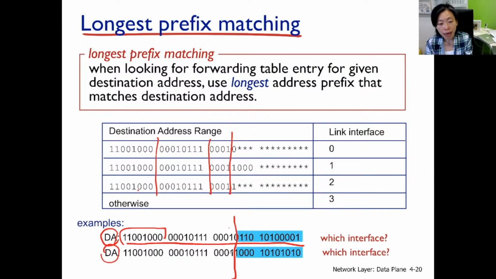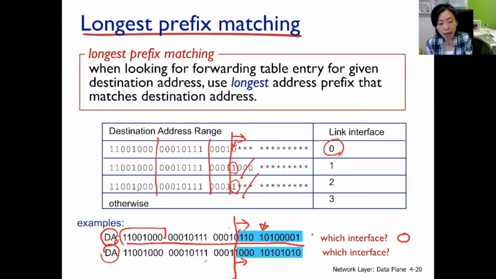What differs is beginning from the 21st bit. So which entry in the forwarding table does the first destination address match? This bit is 0, so only this entry matches, because this is 1 and this is 1, so those 2 do not match. Therefore, this packet goes to interface 0.